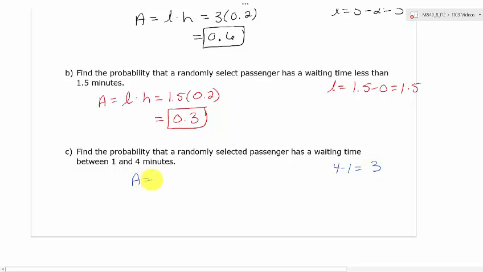Our probability is the area, and that's length times height. Our length is 3, and the height, again, always stays 0.2 for this particular example. And so that gives us 0.6. So the probability that you would have a wait time that's between 1 and 4 minutes is 0.6, or again, the other way you could say that is that you have a 60% chance of waiting between 1 and 4 minutes.